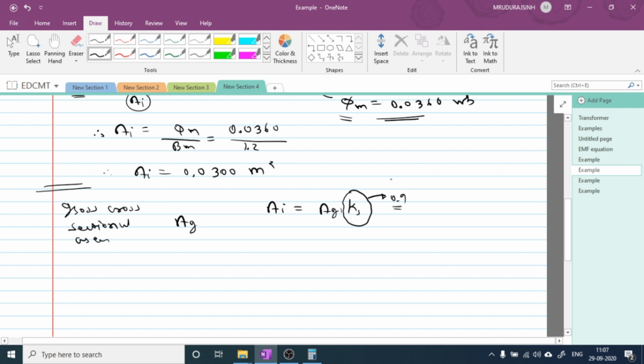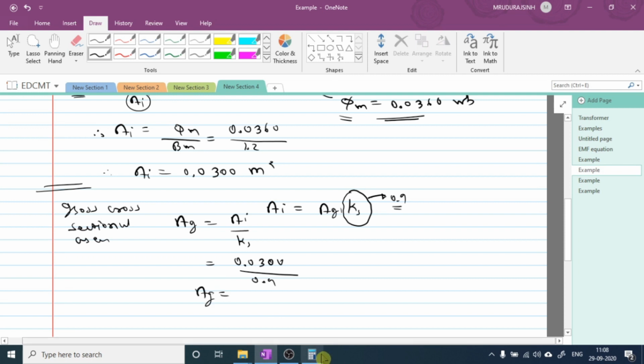So in this example we will assume this stack factor as 0.9, and from this equation we can write Ag is equal to Ai divided by Ks, or 0.9. Ai is 0.0300 divided by 0.9.